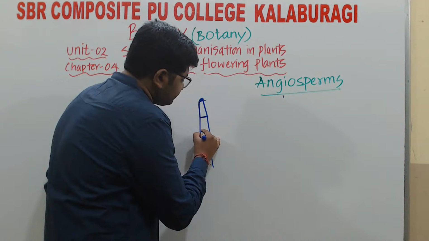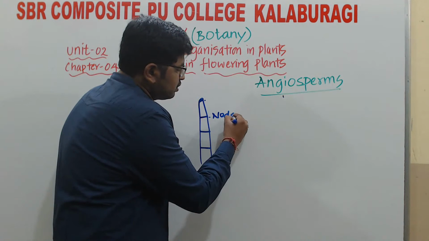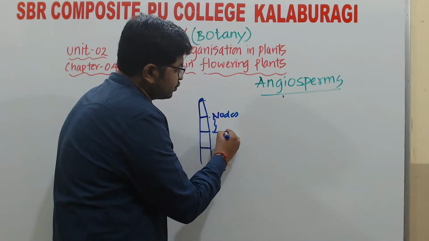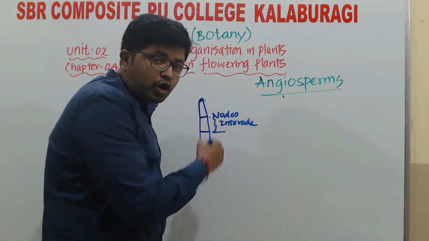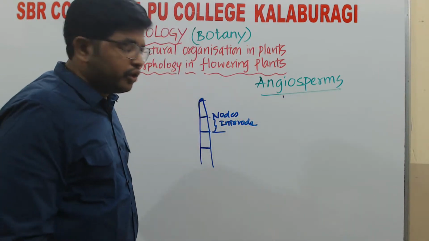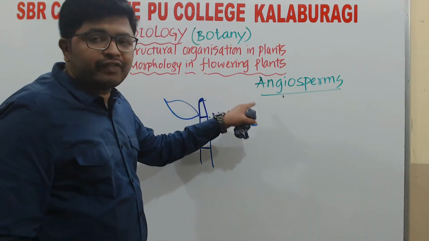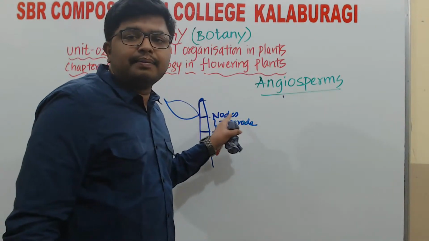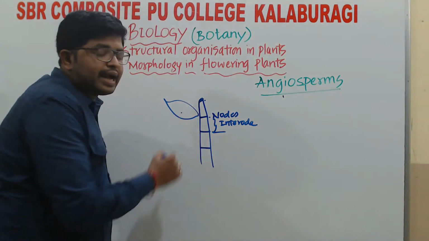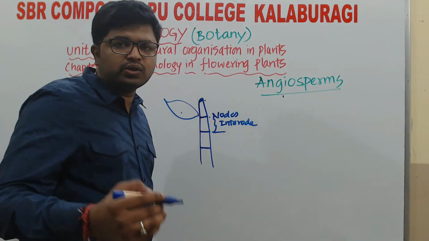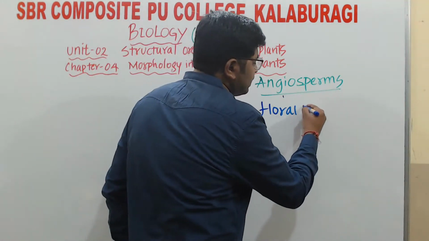If this is a shoot, these are nodes, and between successive nodes you have the internode. At every node you are going to get a leaf or another branch, right? Now, when we talk of a flower, the shoot apical meristem changes into floral meristem. Instead of leaves, at every successive node it gives rise to floral leaves. Remember this, floral leaves.